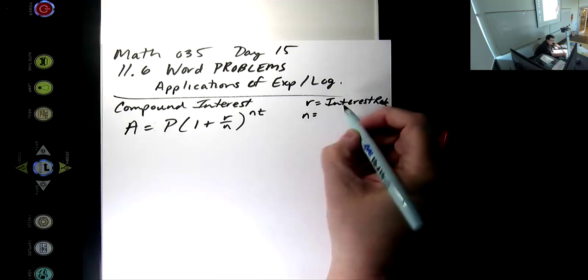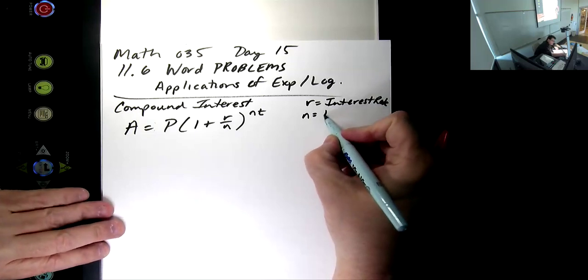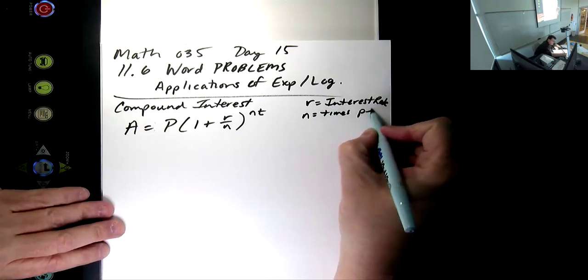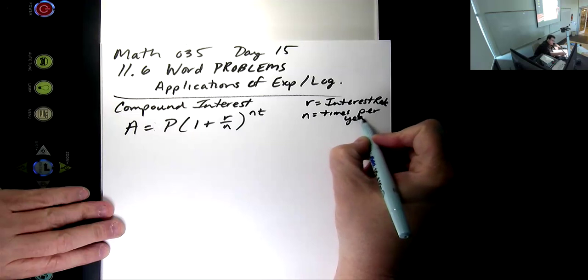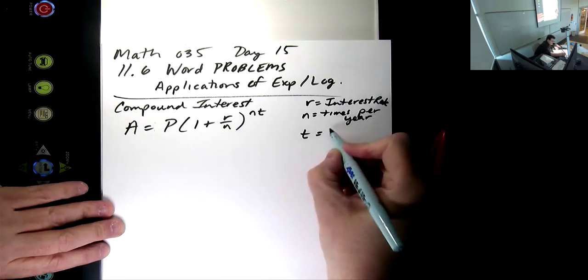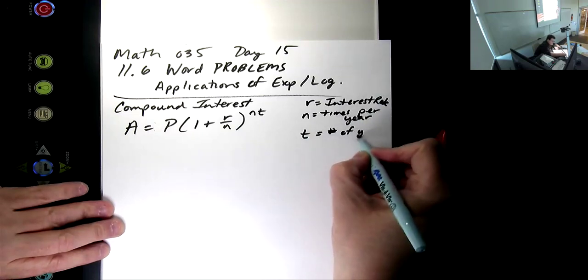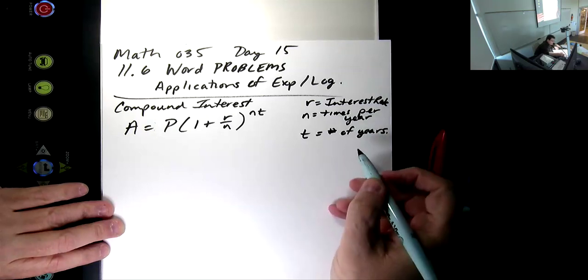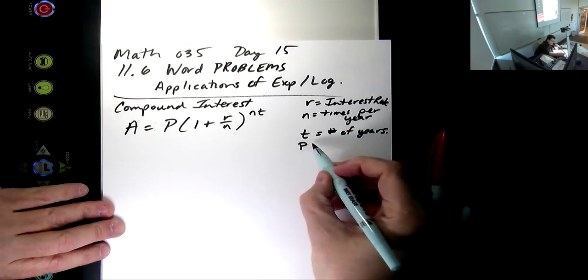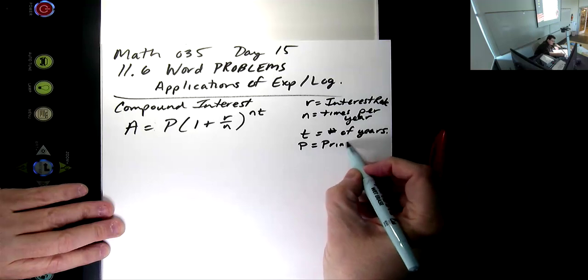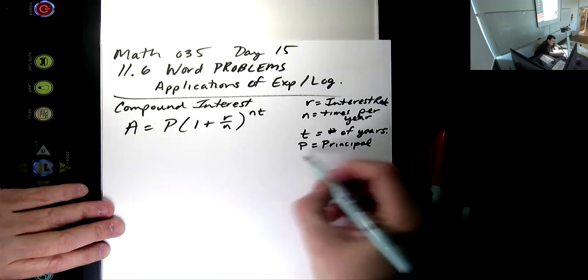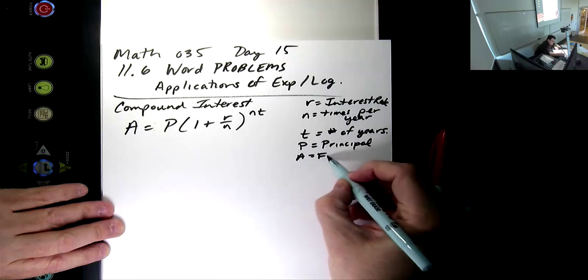N is the times per year to compound. T is the number of years. P is the starting principal. And A is the final amount.